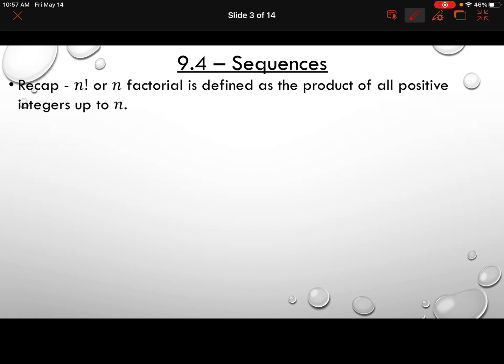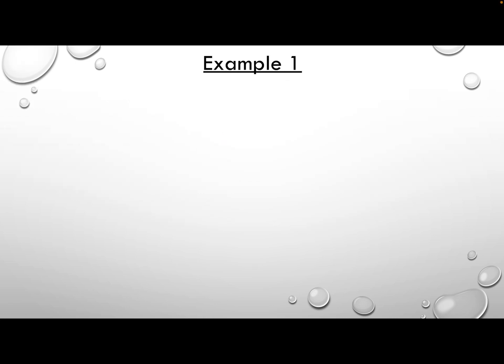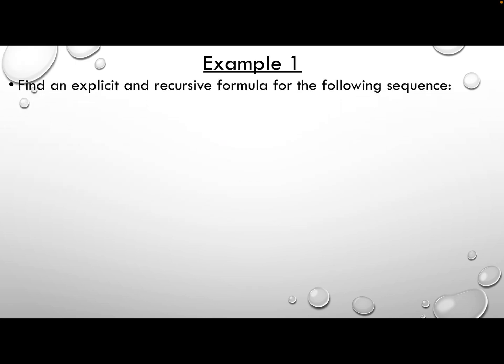An exclamation mark or n factorial is defined as the product of all positive integers up to n. So for example, we saw that 5 factorial would be equal to 1 times 2 times 3 times 4 times 5. That is factorial notation. All right, let's get to our new type of sequence, geometric sequence.